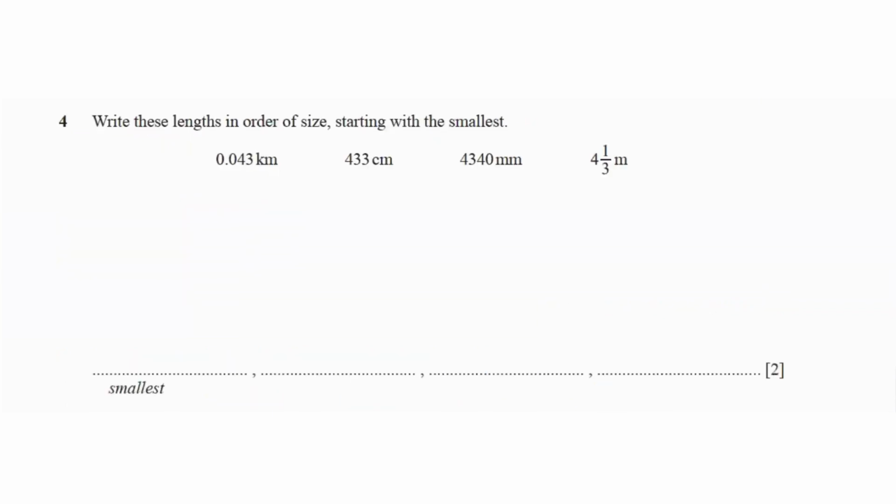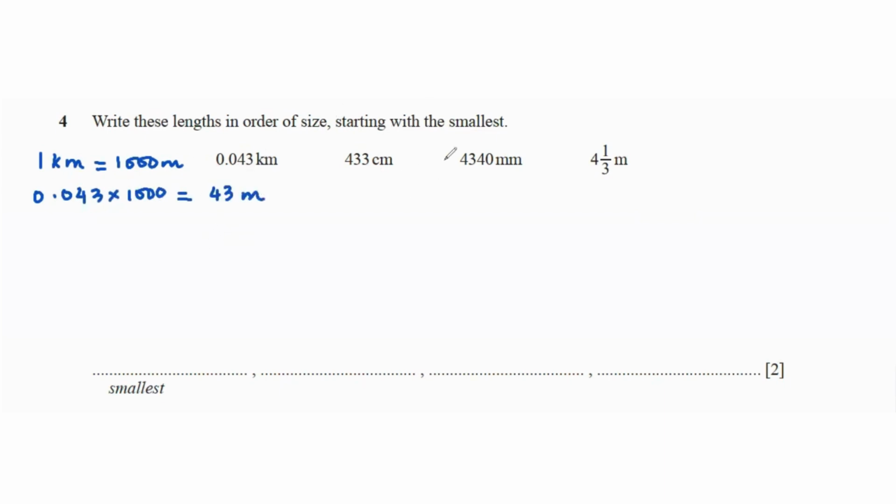Write these lengths in order of size, starting with the smallest. So I'm going to convert all of these lengths into meters. 0.043 kilometers: 1 kilometer is 1000 meters. So we do 0.043 times 1000, which is going to be 43 meters.